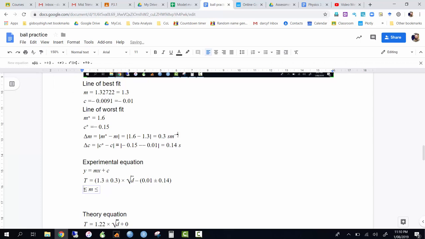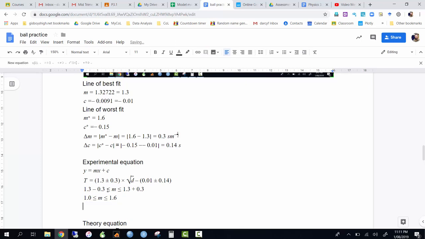The smallest our gradient could be is 1.3 take away 0.3, and the biggest it could be is 1.3 plus 0.3. We can summarize that very quickly: the smallest it could be is 1.0, and the biggest it could be is 1.6.